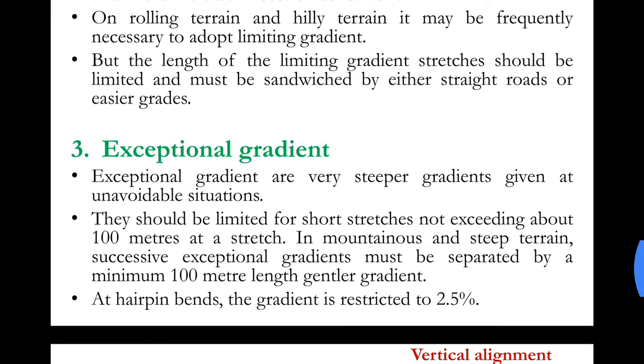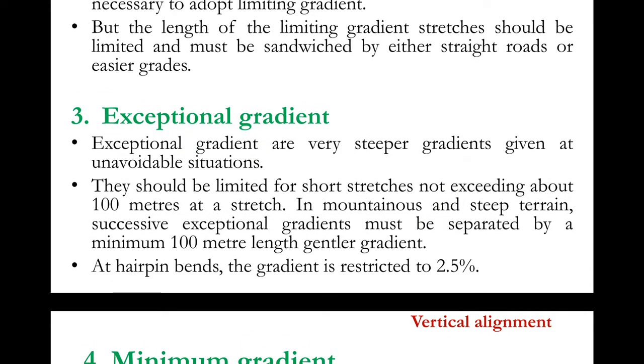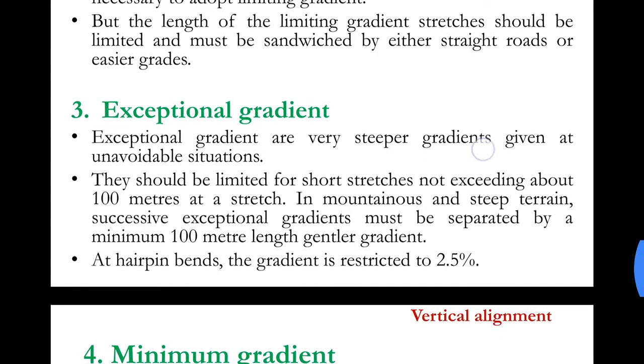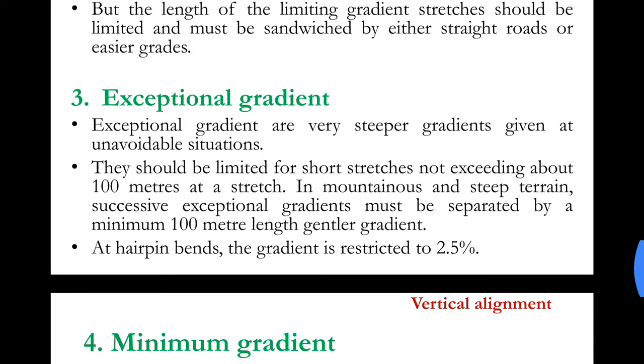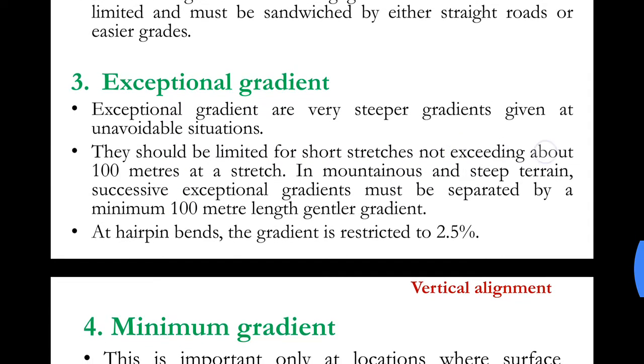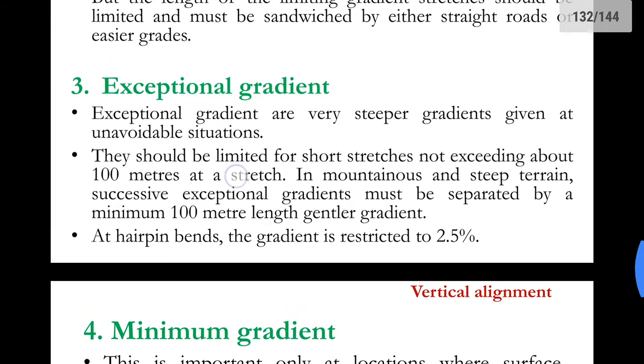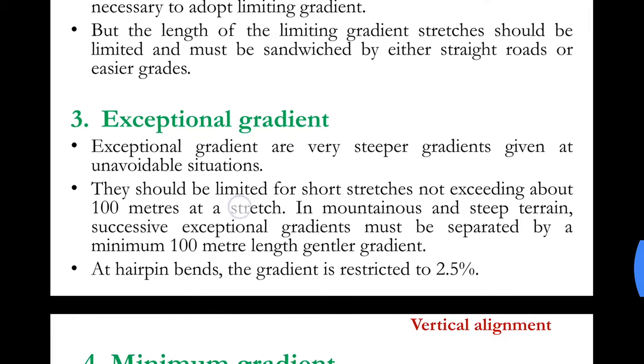Now a similar type of gradient is the exceptional gradient. Exceptional gradients are very steeper gradients given at unavoidable situations. They should be limited for short stretches and not exceeding about 100 meters at a stretch. So these can be provided only for a length of 100 meters at once.